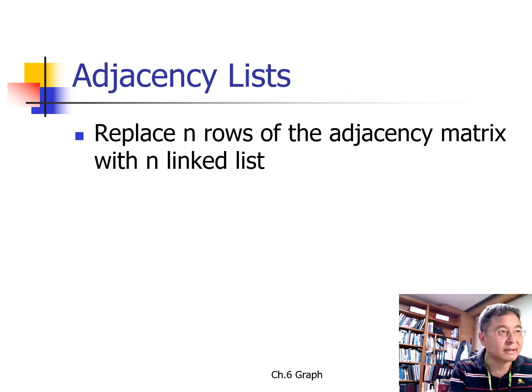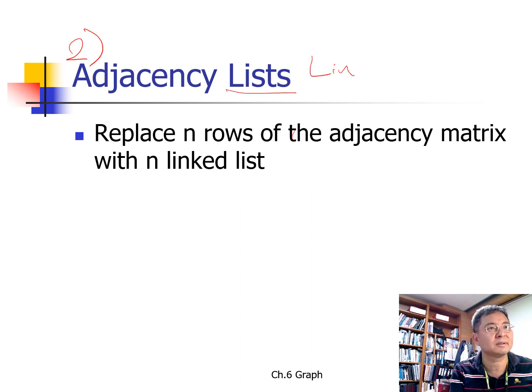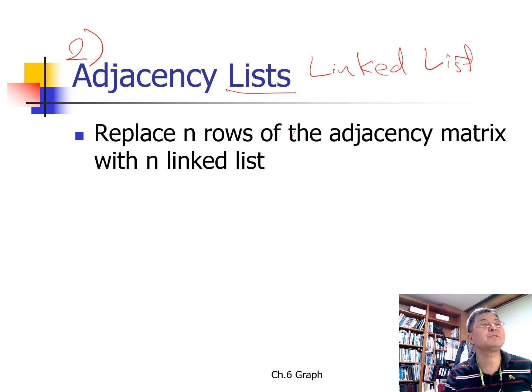Okay, the second method is the adjacency list. This list means a linked list. So we can represent adjacent vertices using a linked list. So replace the n rows of the adjacency matrix with n linked lists.